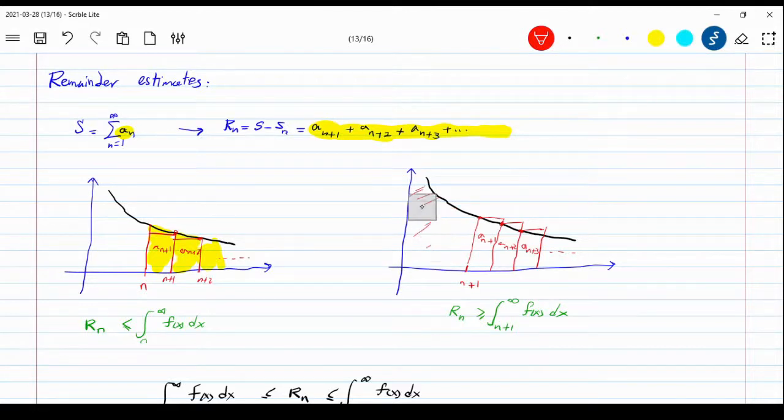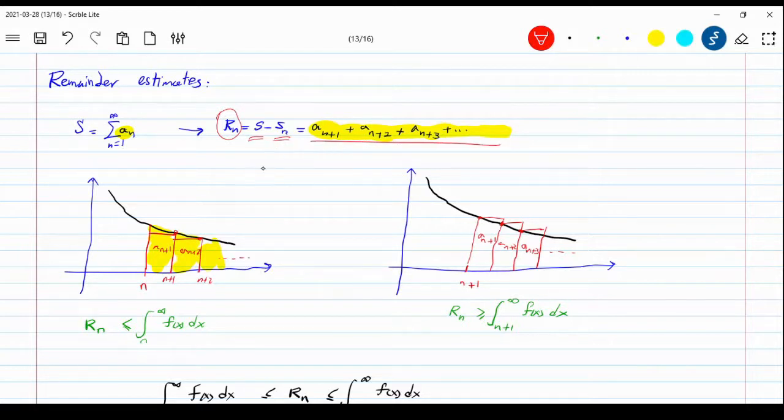But after a while, these areas would be quite close to each other. And we can say the remainder, the total sum minus the first n-term summation, is basically the tail of the series.